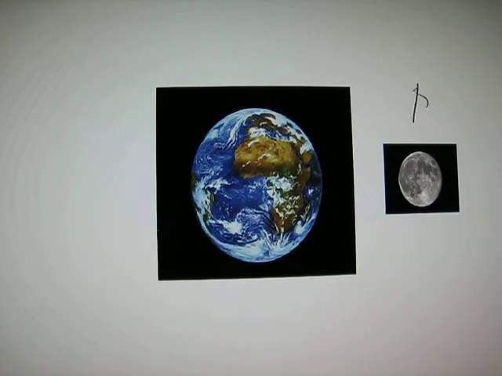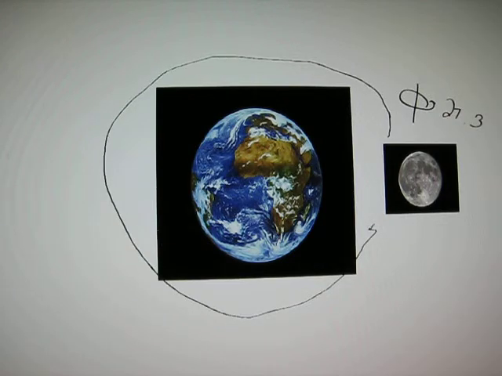And it spins around its axis, but it takes 27.3 days to spin around once on its axis. And it takes 27.3 days to revolve one complete time. So because it revolves and rotates at the same amount of time, we are stuck looking at the same side of the moon. Which is good, because if we looked at the other side, we would see a gigantic crater, maybe it looked like an eye to us.